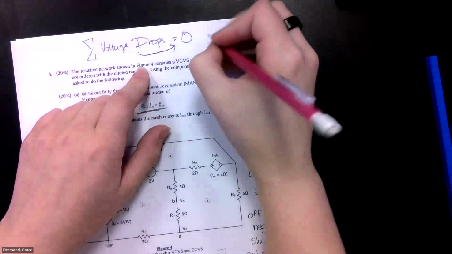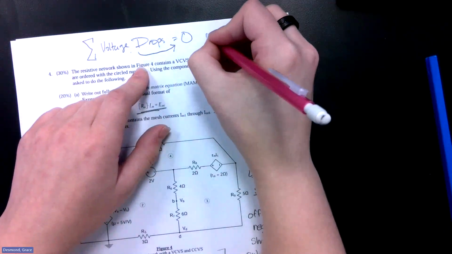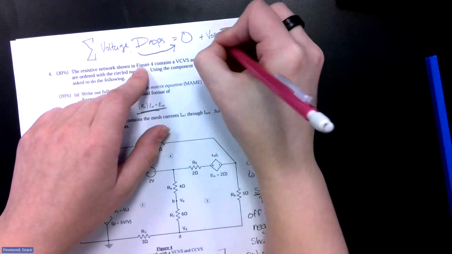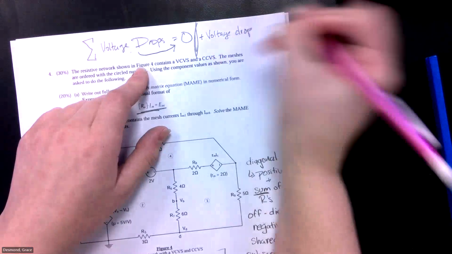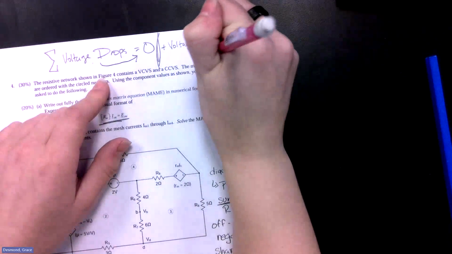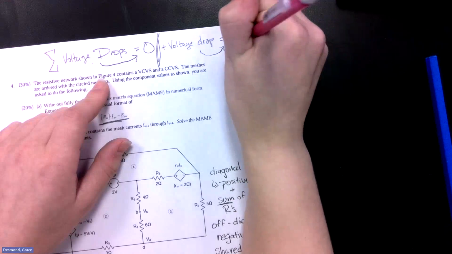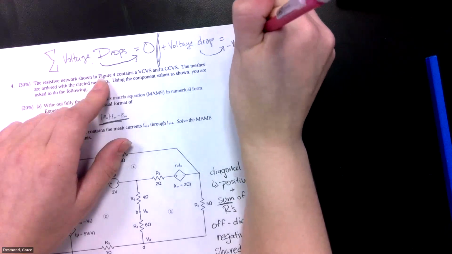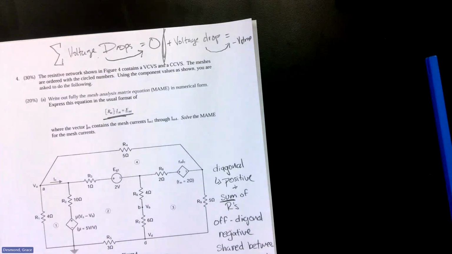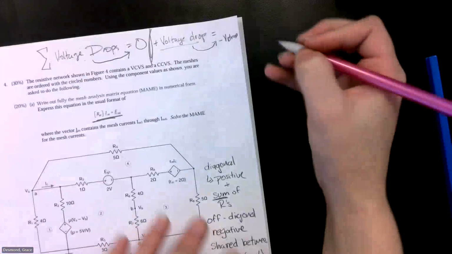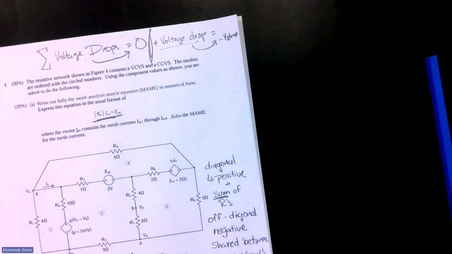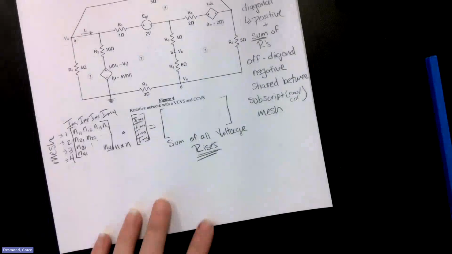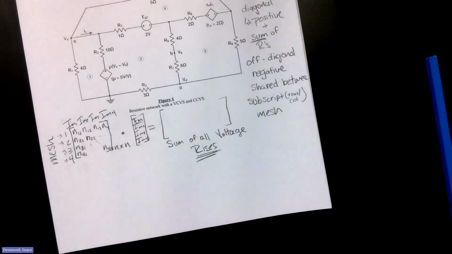So normally voltage drops are positive. We've taken a positive voltage drop and moved it over and subtracted it. So now, instead of it being a positive voltage drop, over here it's positive voltage rises. That is why there are rises over there. We moved it to the other side of the equal sign.